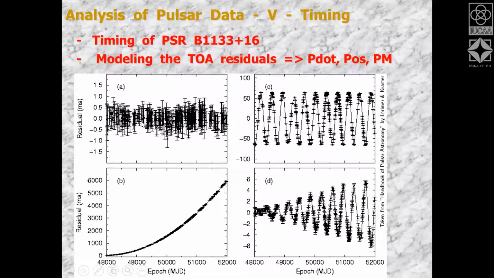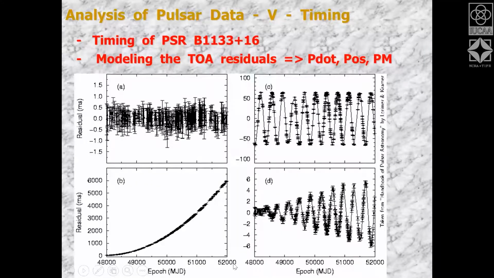So if your model is perfect, this is how you should see your phase residuals. If your frequency and frequency derivative are not correct, then you should see a parabolic curve like this. If your pulsar position is not correct, you should see a sinusoidal variation like this.